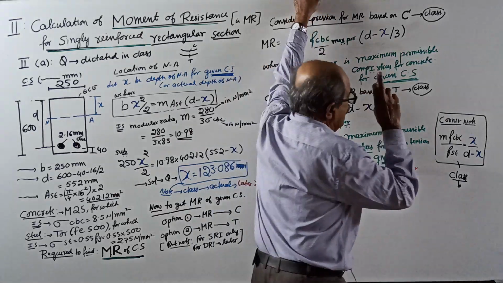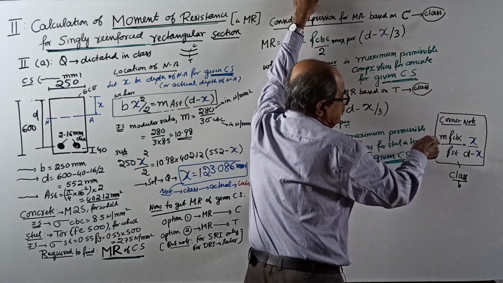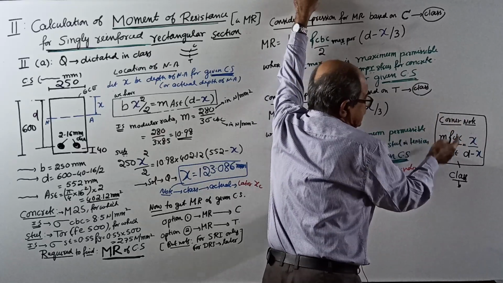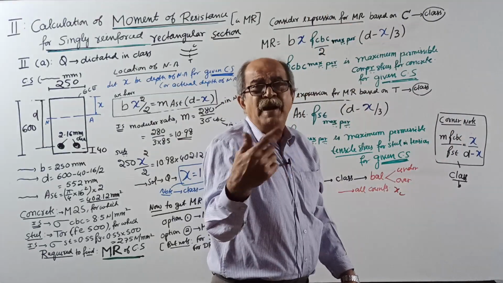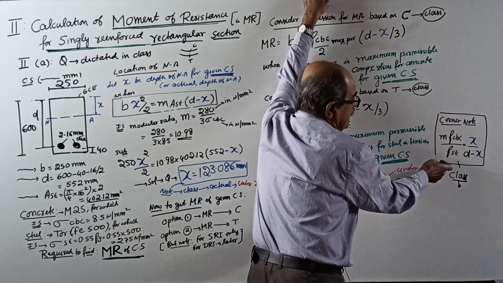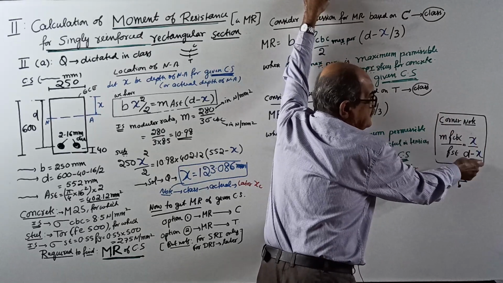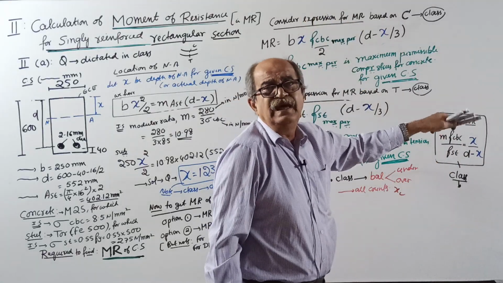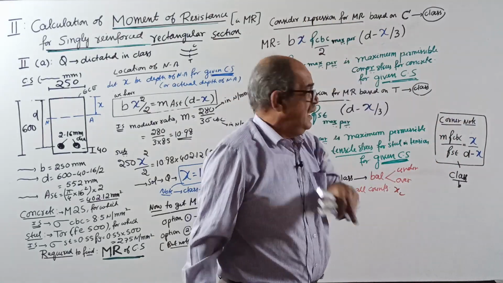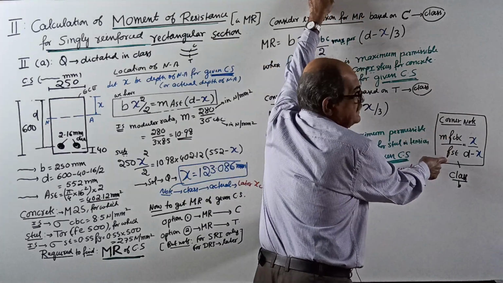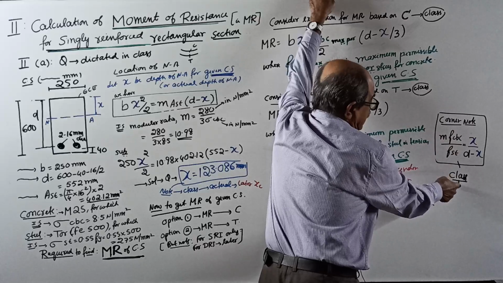That is, once you know how much stress will come in concrete, then the stress in steel will be automatically known. Whatever stress comes in concrete and steel should obey this rule. If you know how much stress comes in concrete in compression, you can find the stress in steel, or if you know the stress in steel, you can find the stress in concrete.